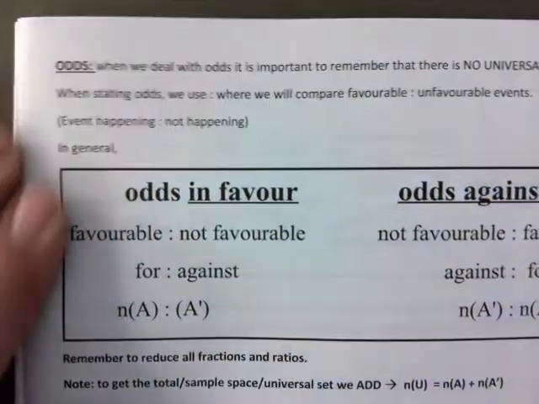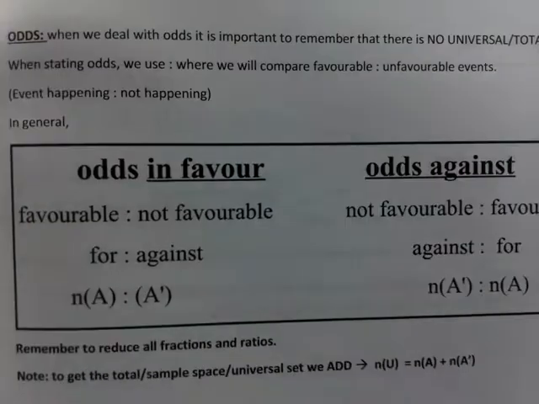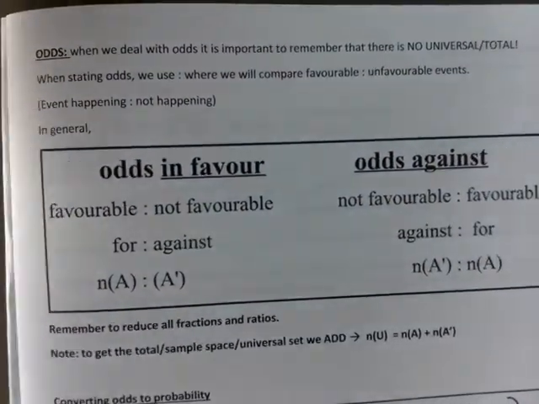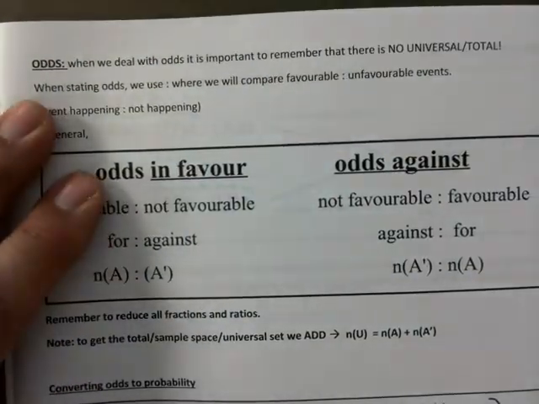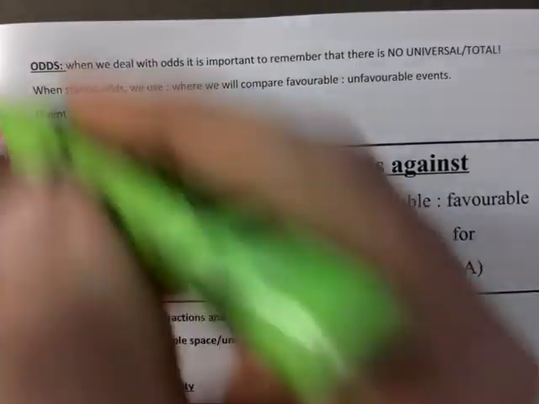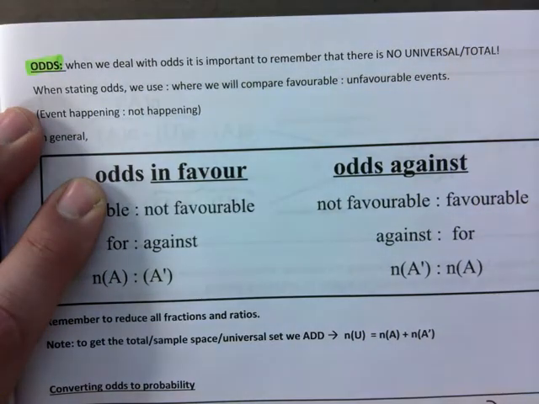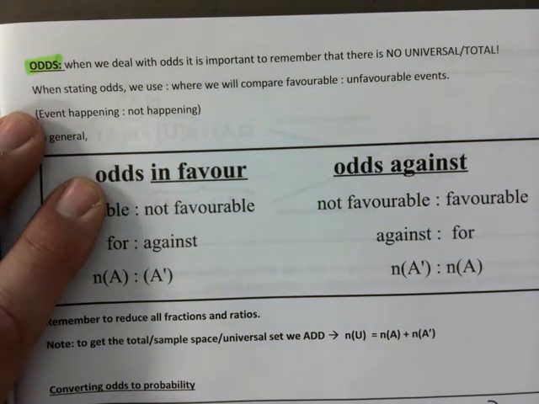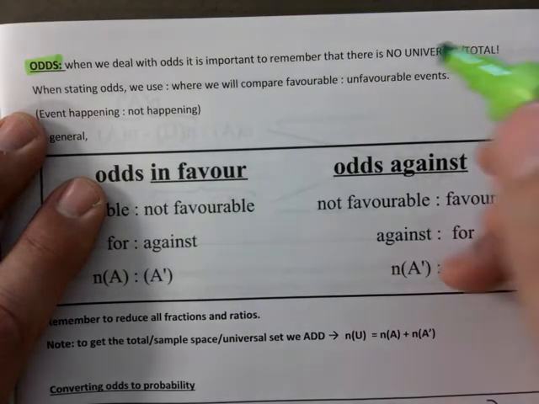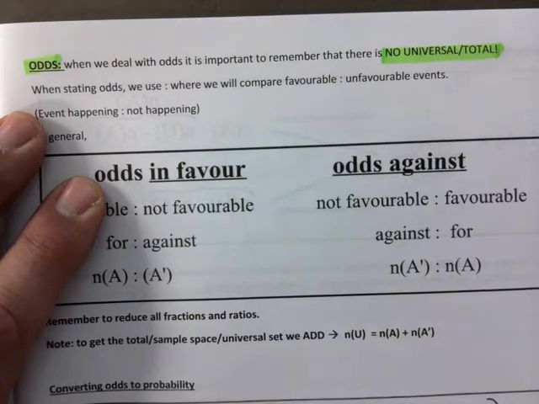So this is probability. And now we're going to do odds. Probability and odds are related, but they're not the same. When we deal with odds, it is important to remember that there is no total.